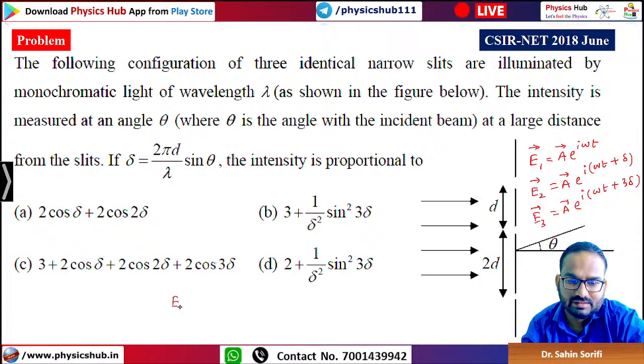Calculate E as a sum of them, E1 plus E2 plus E3.